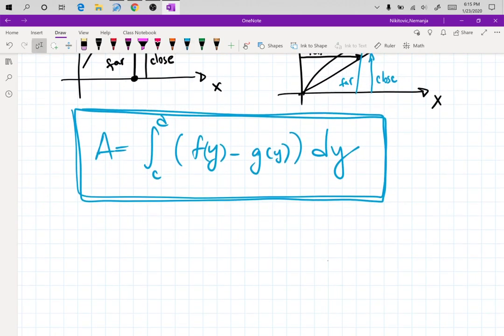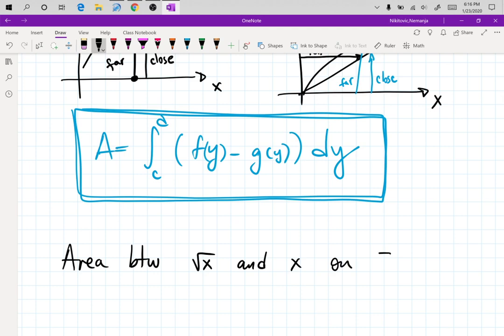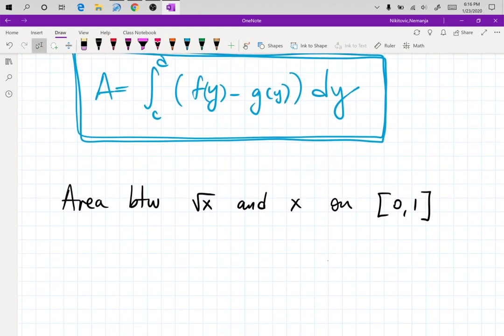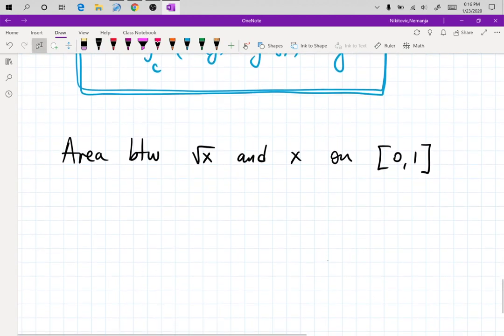Time for some numbers. Let's calculate the area between square root of x and x on 0 to 1. Right? That's what we want to do.